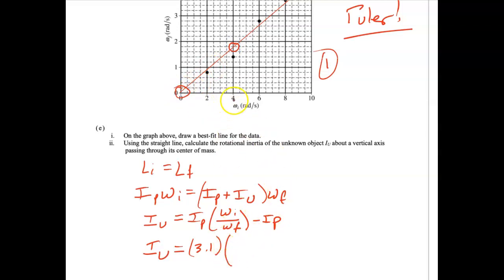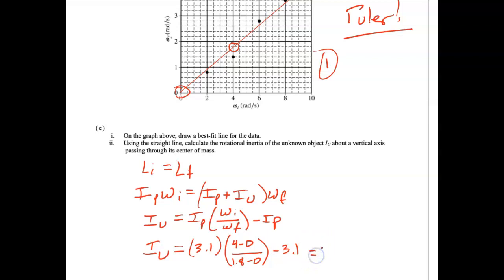So our change in omega I is going to be 4 minus 0, over our change in omega F, which is going to be about 1.8 minus 0. And then we're going to subtract from that 3.1 again.